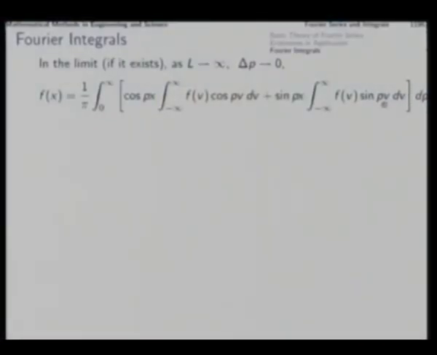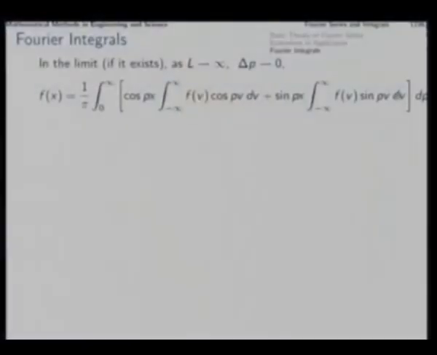Now, in the case of the Fourier series, this integral was a summation. Here the summation becomes a sum of continuous components, and therefore, you get an integral, and in the place of the two Fourier coefficients we have got these, in a similar manner in which we got it in the case of Fourier series.